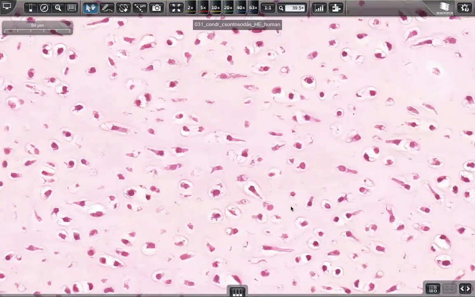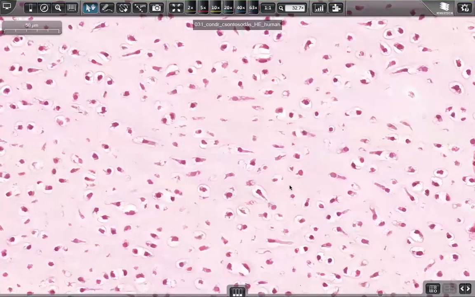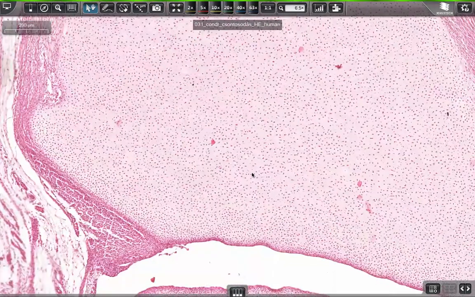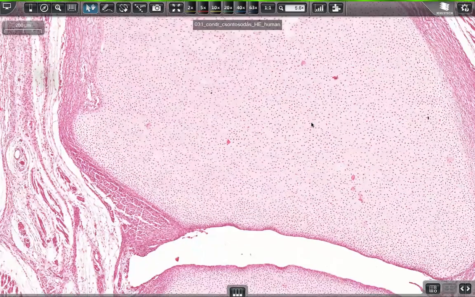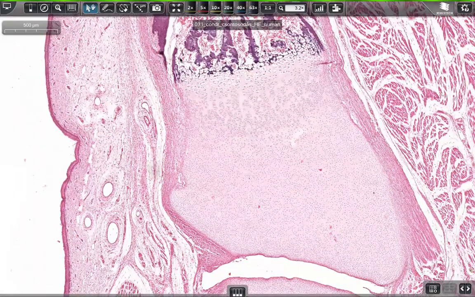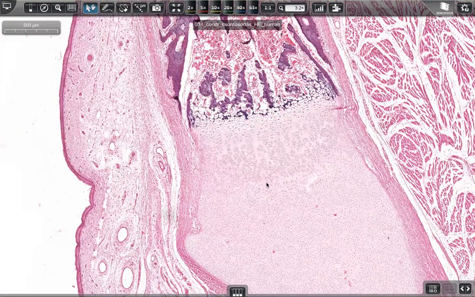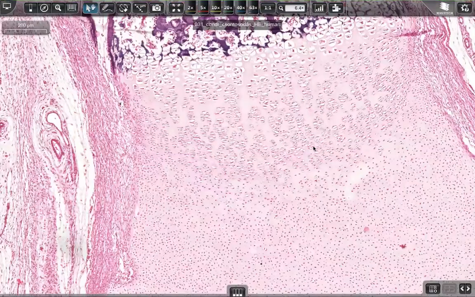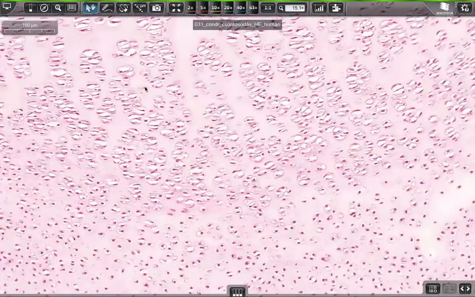It's a healthy appearance. Definitely they are smaller than the matured hyaline cartilage chondrons, but it's quite similar to them. So that's the resting zone. And then a little bit closer to the bony collar, when the process eventually affects this area, the chondrons and the chondrocytes are proliferating, raising their numbers.